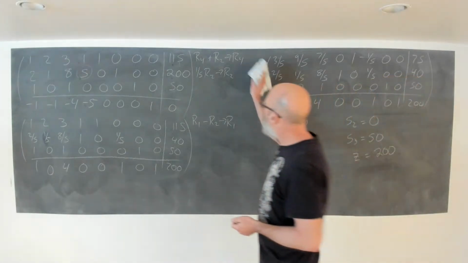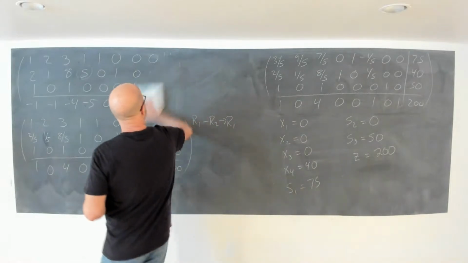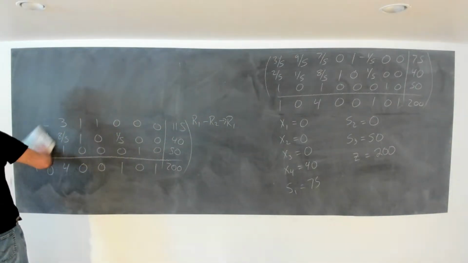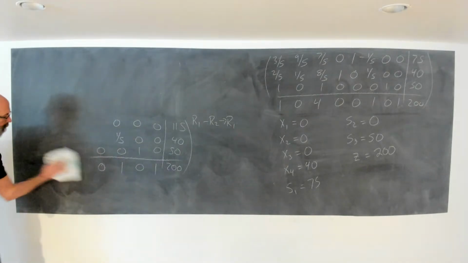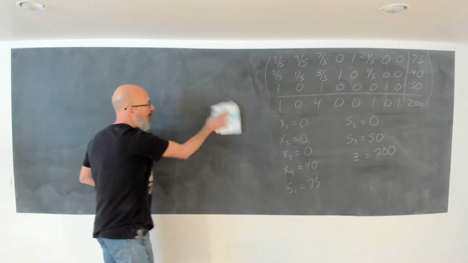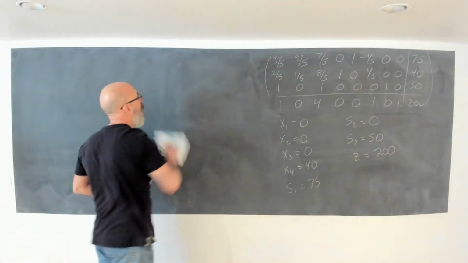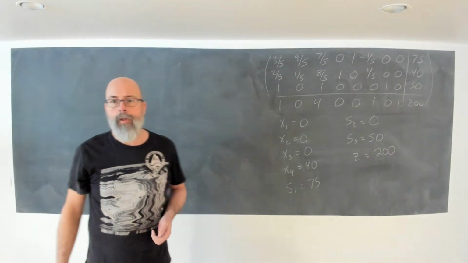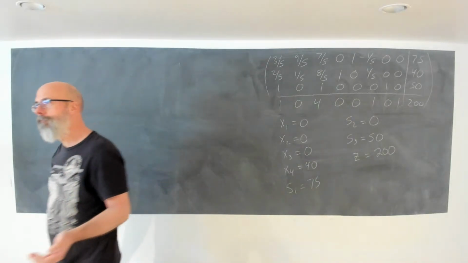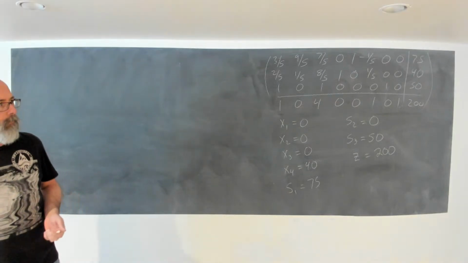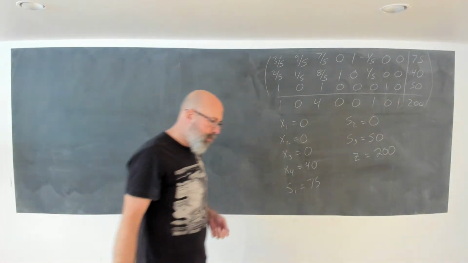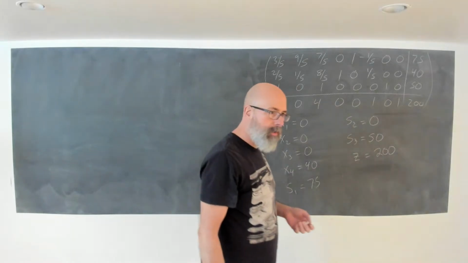All right. Well, it's all well and good if we have the standard maximum problem. But what if we don't? What if the objective function is not to be maximized?